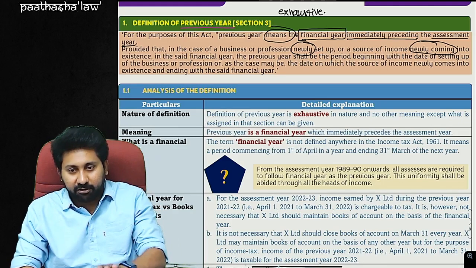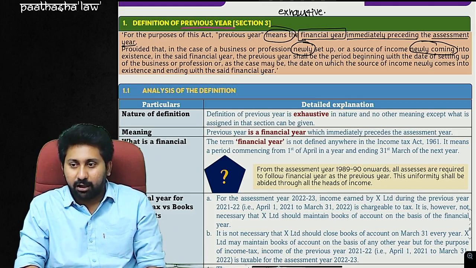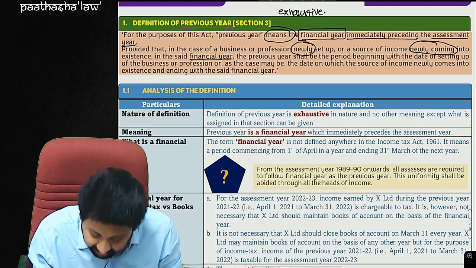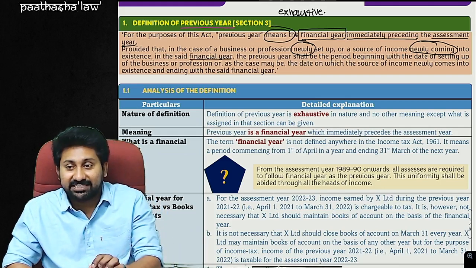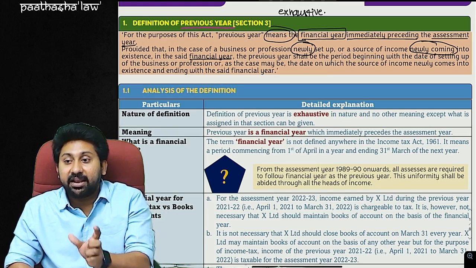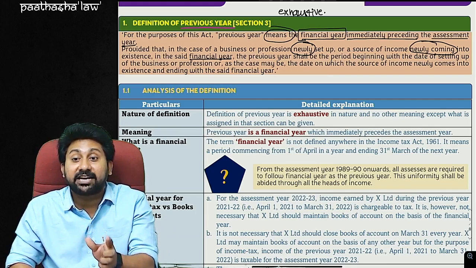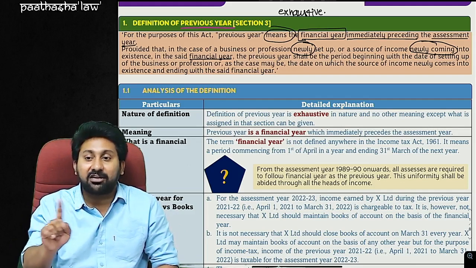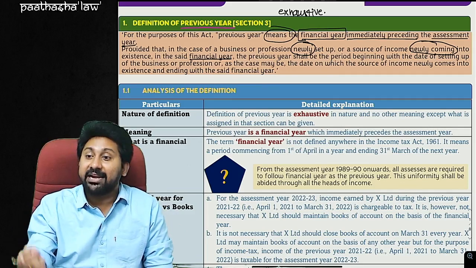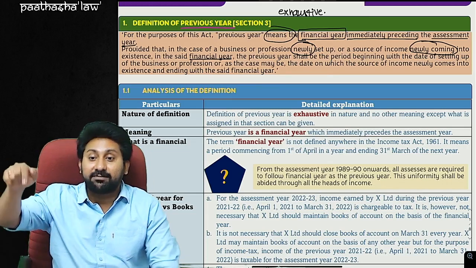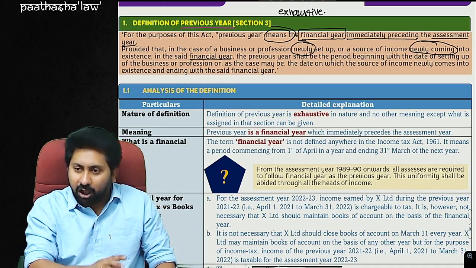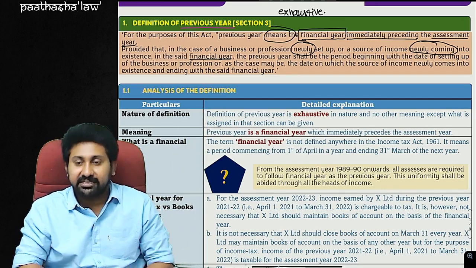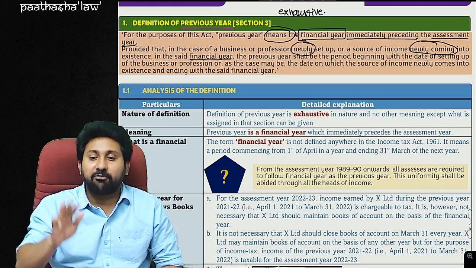If you set up your business or profession newly, or a source newly comes into existence in the said financial year, the previous year shall be the period beginning with the date of setting up of the business or profession. It means the previous year will not start with 1st April. It starts from the date of setting up of your business or profession or new income coming up, ending with the said financial year.